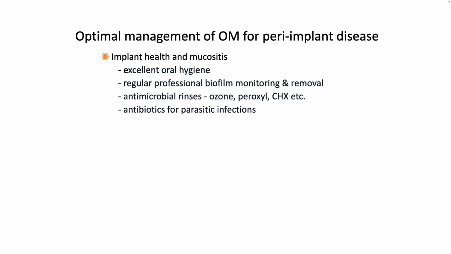And then we can decide if we need to use antibiotics for parasitic infections and for implantitis, when it becomes more difficult, that's when we can use all of the therapies available to us, or we can additionally use laser therapies and surgery.